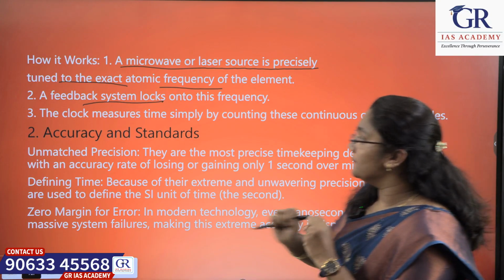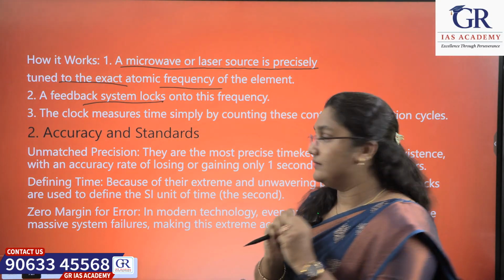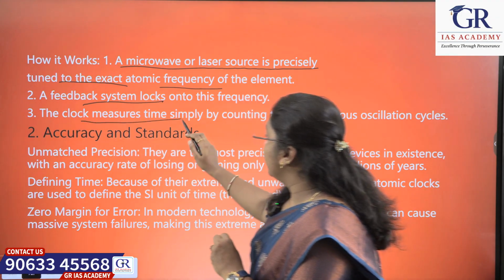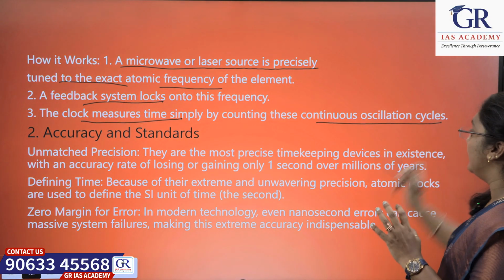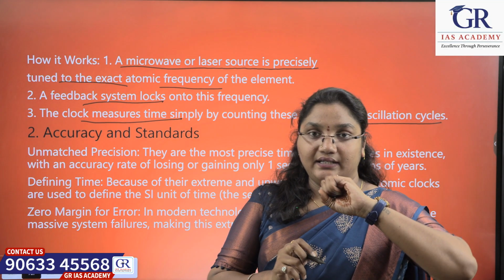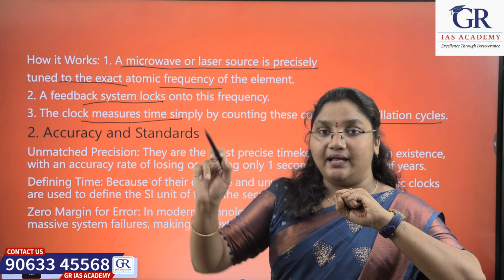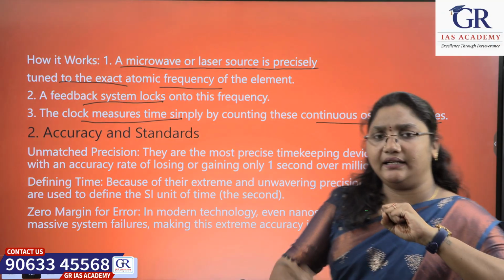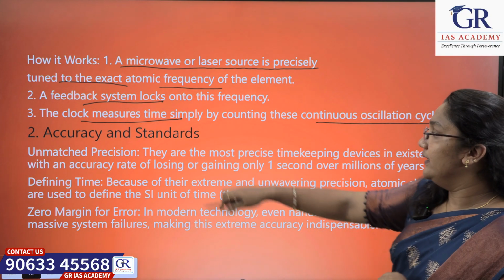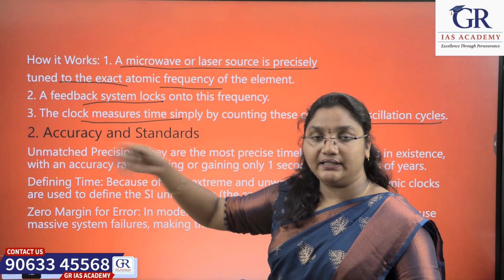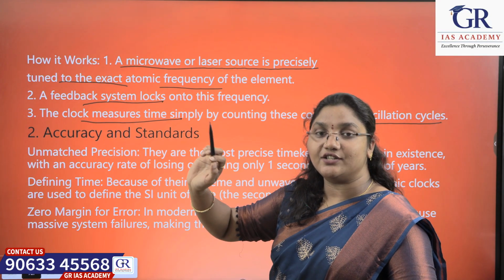Then the clock measures time simply by counting these continuous oscillation cycles. The natural pendulum is locked, and the time is simply calculated by counting the continuous oscillations of the pendulum.